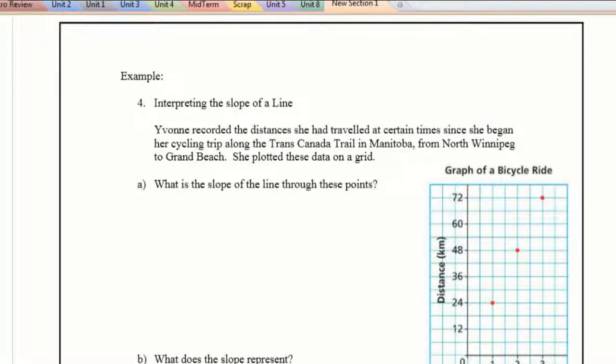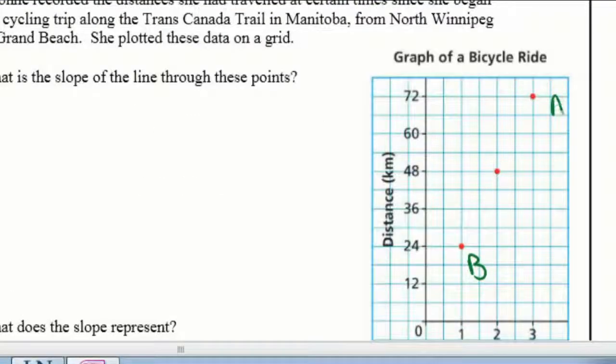All right, so let's use this new fancy formula we just wrote down. Let's pick 2 points. And I'm going to do this a little bit backwards. I'm going to call this point down here B, and let's call this point up here A. Why B and A? Well, they're just random letters, but it might be easier in a second to think of it this way.